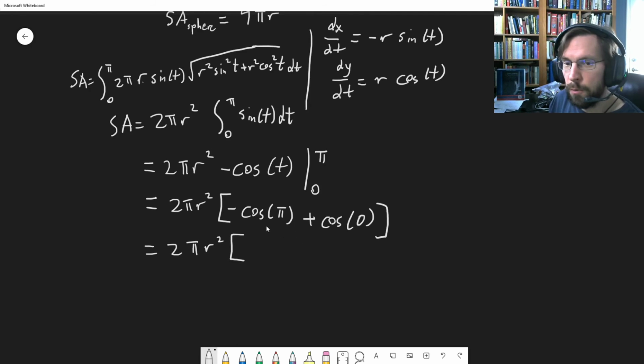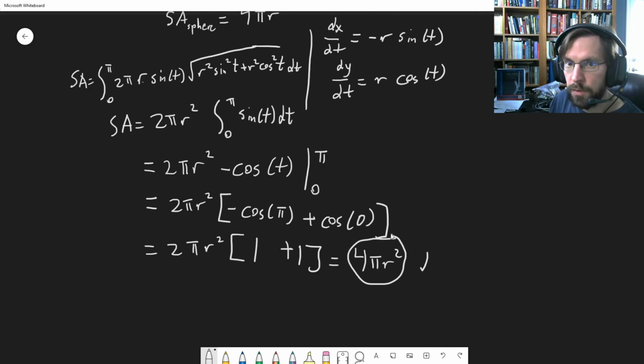Cosine of pi is negative 1, so minus negative becomes 1, plus cosine of 0, which is also 1. So that's 2. 2 times 2 pi r squared is 4 pi r squared, exactly like we said it should be.